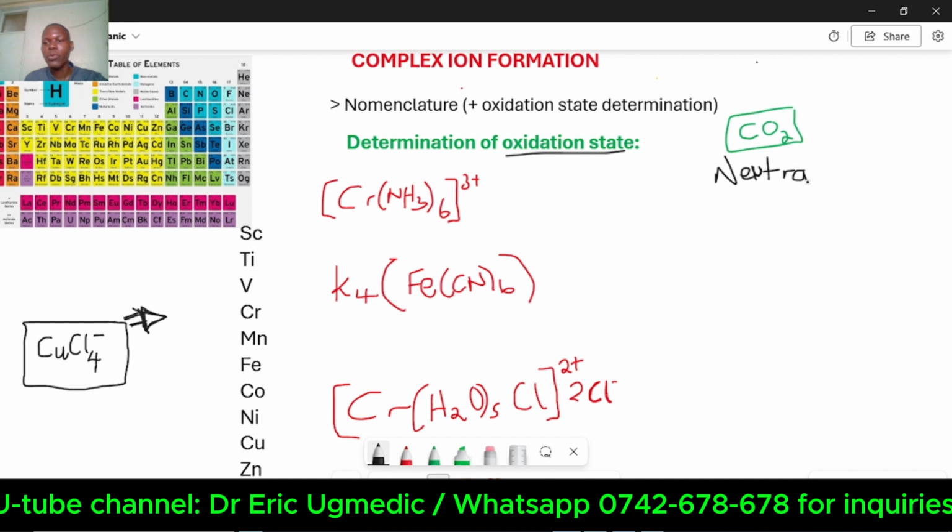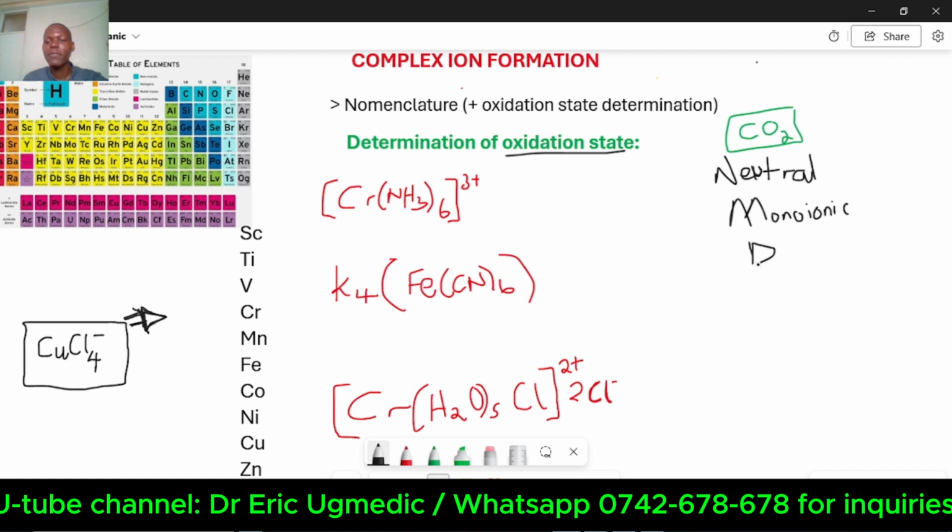It can be a neutral ligand, that's if it carries no charge, or it can be a monoionic ligand, or an ion that is negatively charged or positively charged, you get?